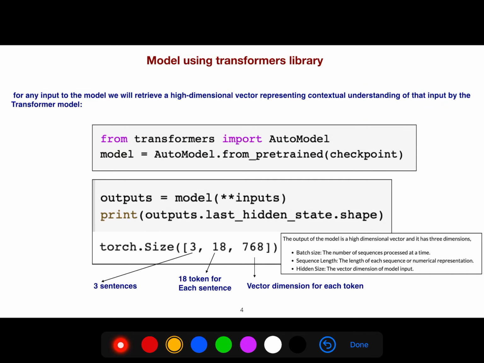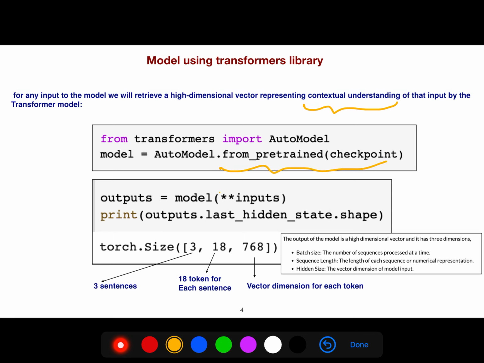And then we are talking about this transformers library. So for any input to the model, we will retrieve a high-dimensional vector representing the contextual understanding of that input by the transformer model. So when you are using the AutoModel, you can use from_pretrained so that you have a model.